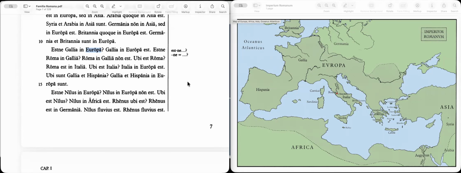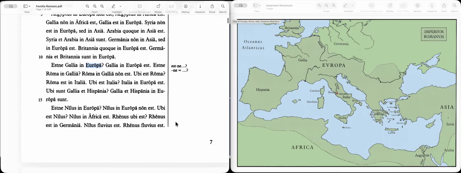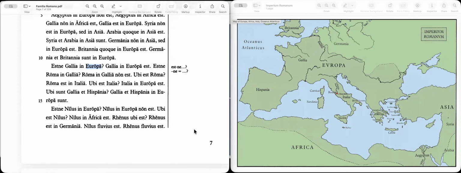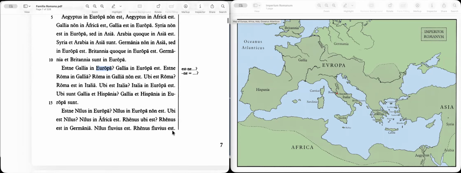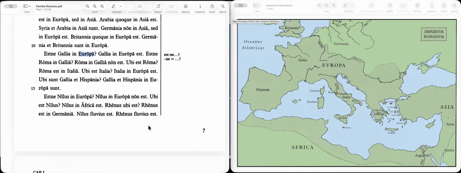Any others? Oh, you wanted to know what thinking in Latin was? What do you mean by that, Adam? Well, in your instructions above, you said don't attempt to directly translate, but to think in the language. Because as I'm reading this, in the next section, Esne Nilus in Europa, immediately I'm thinking, okay, is the Nile in Europe? That's how I'm thinking as I'm reading it.